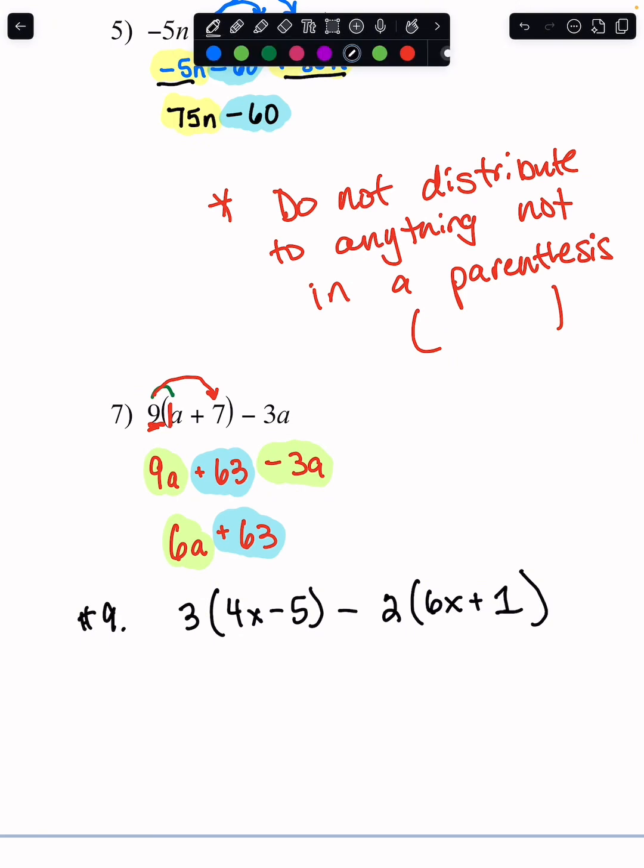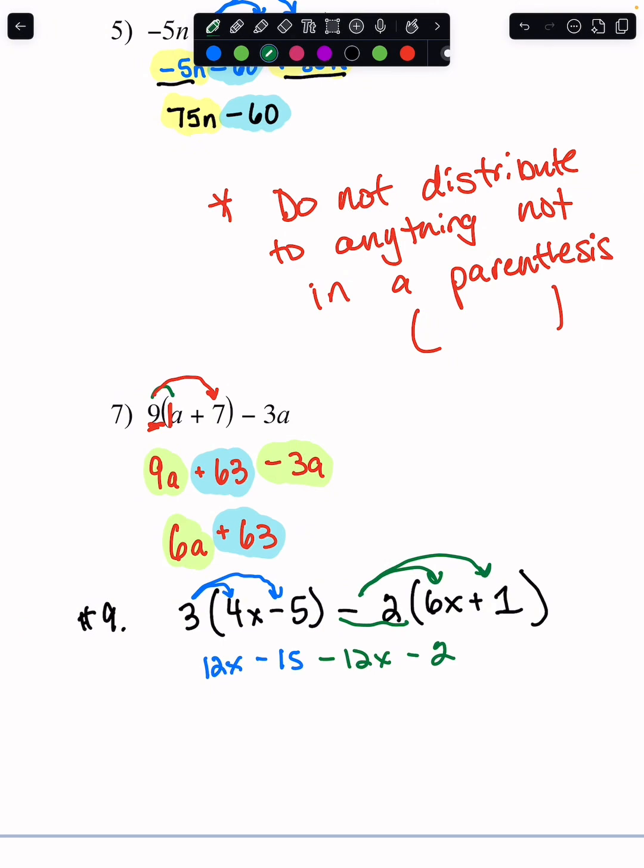So we're going to do that right now. Okay? So we're going to go ahead and distribute. 3 times 4x is 12x. 3 times negative 5 is negative 15. And then on the other side, we got to distribute again. Negative 2 times 6x is negative 12x. And then negative 2 times 1 is negative 2.